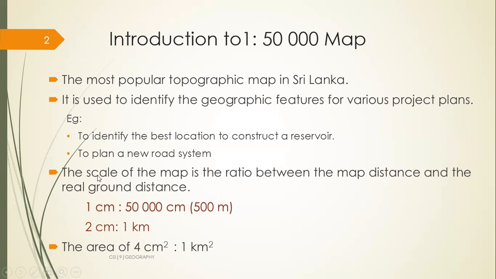Then, the scale of the map is the ratio between the map distance and the real ground distance. In the 1 to 50,000 topographic map, the scale is 1 to 50,000. That's how the map has been named, with its scale.